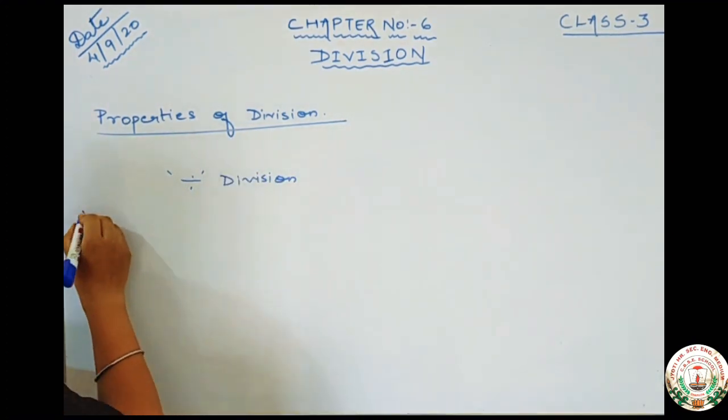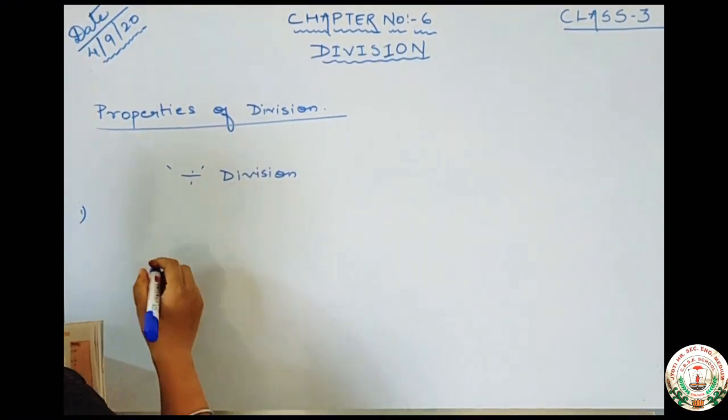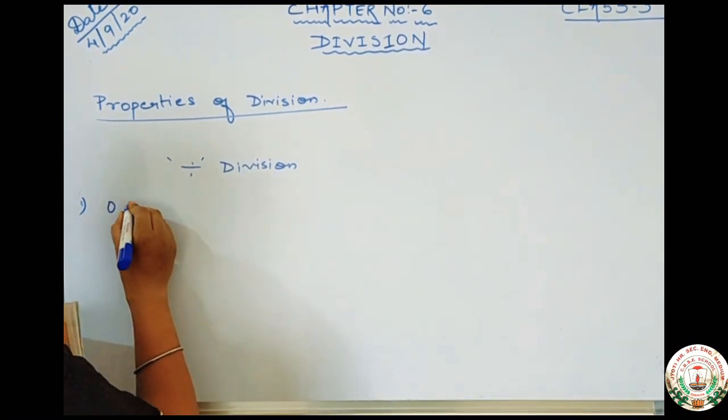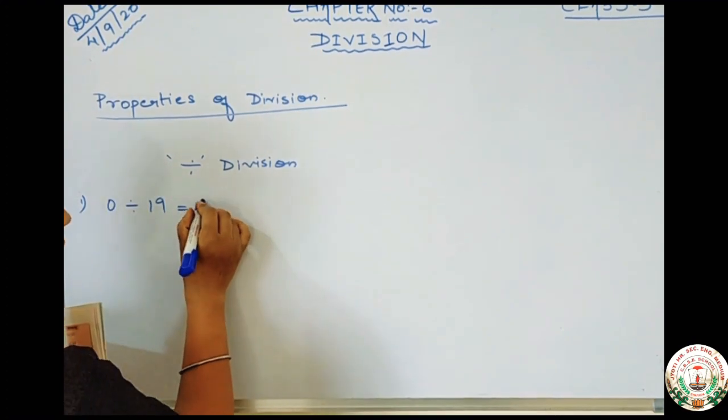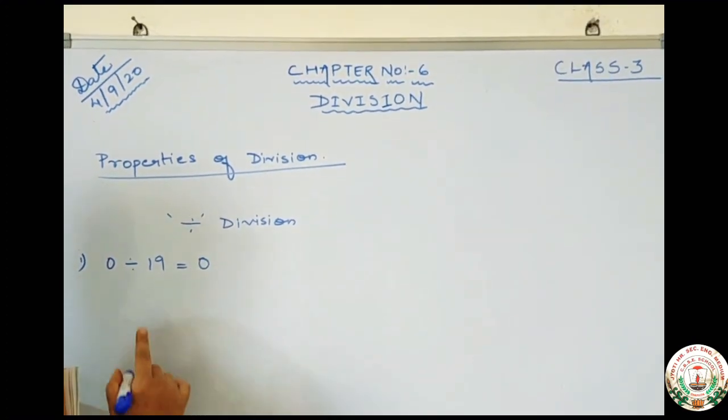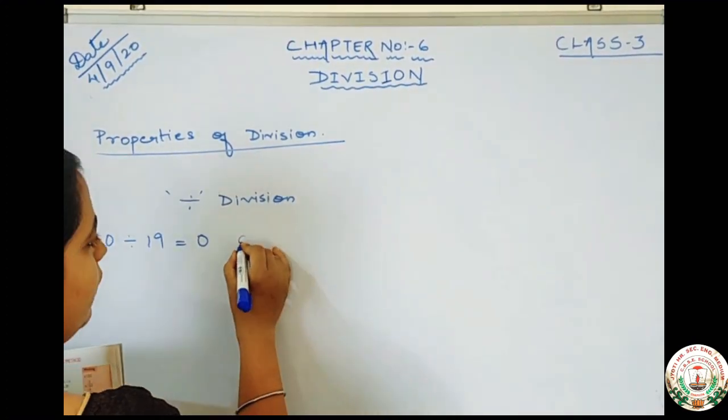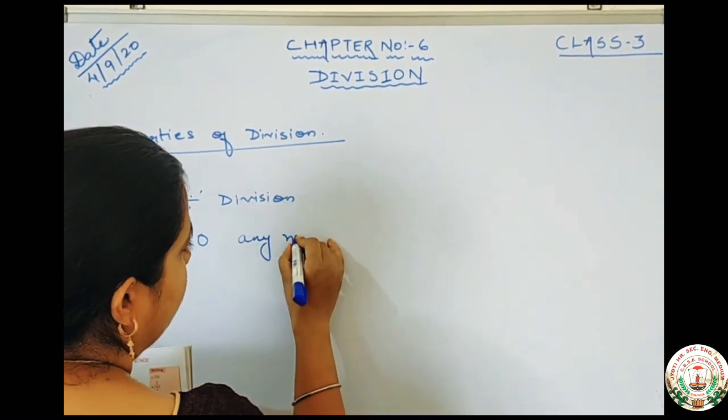The first property of division is that whenever a number is divided by 0, any number divided by 0, we will get 0 as the answer. This is the first property.